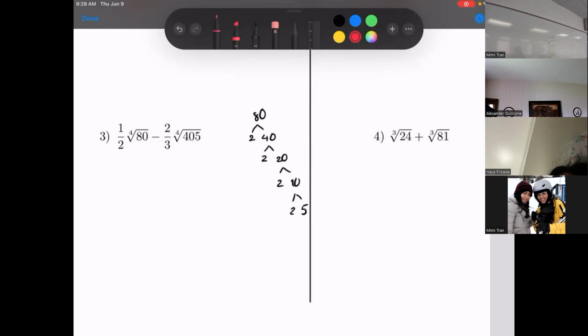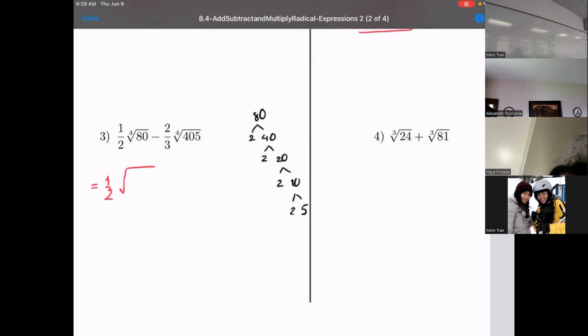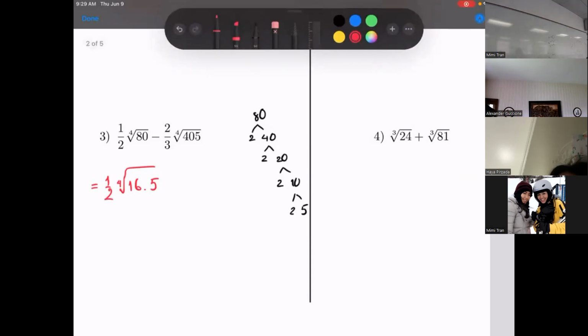So here you can do 1/2 fourth root of 2 times 2 times 2 times 2 times 2 is 16, right? Times 5. Or you can leave it at 2 to the 4, maybe better for you. But the reason I'm doing this is because I want you to recognize 16 is 2 to the 4, right? 1/2 fourth root of 16 times fourth root of 5.